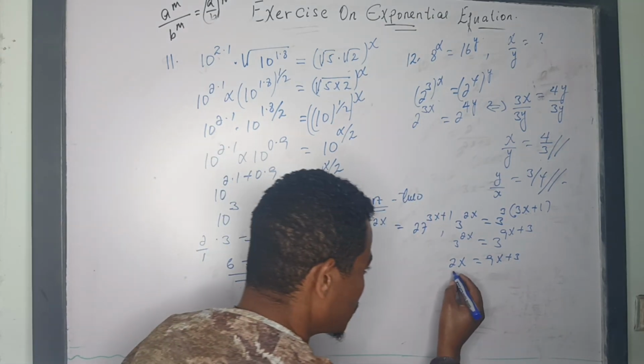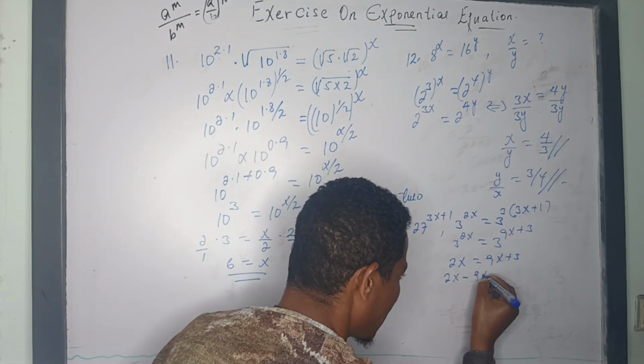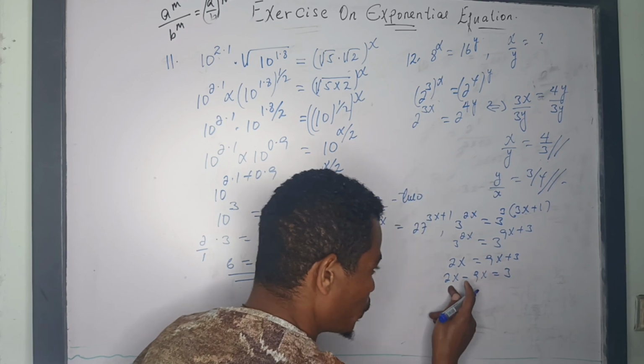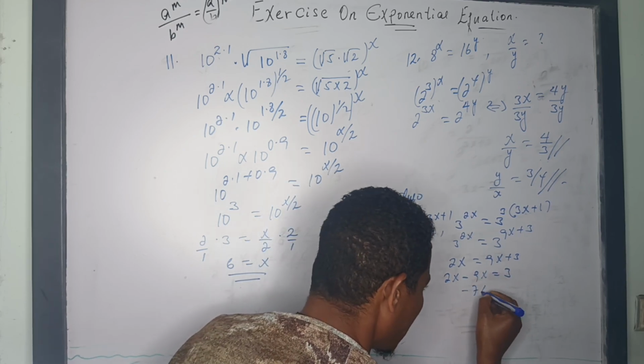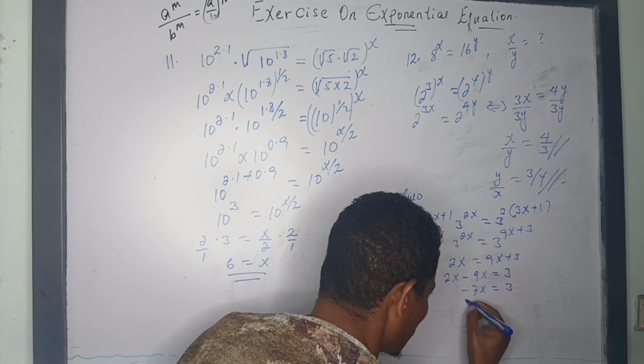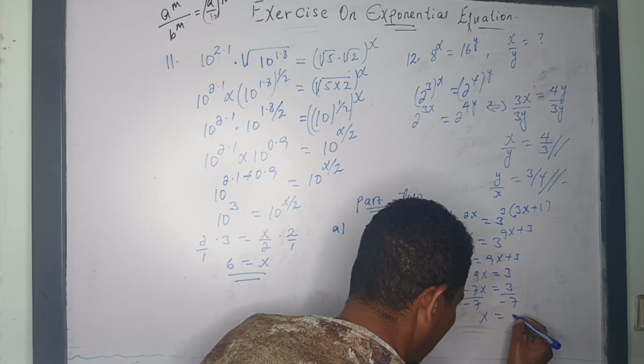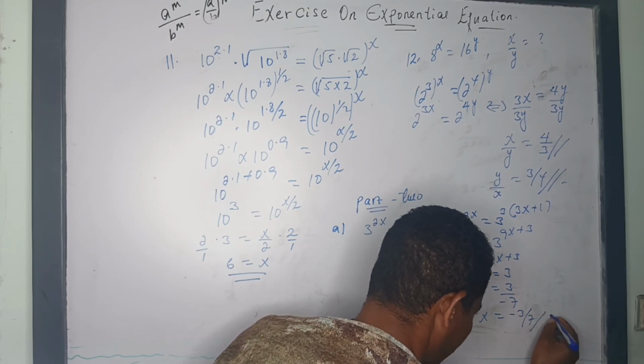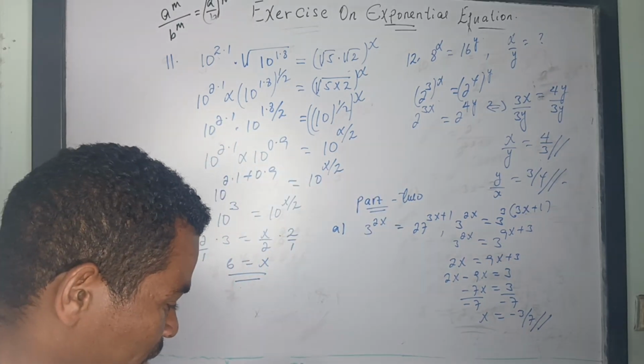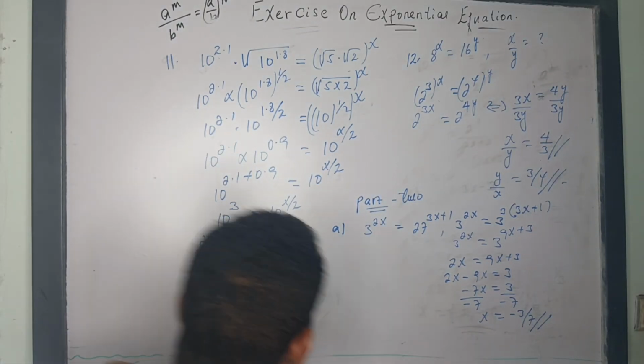So from this one, 2x minus 9x is equal to 3. 2x minus 9x is minus 7x is equal to 3. Both sides divided by minus 7. x is equal to minus 3 over 7.